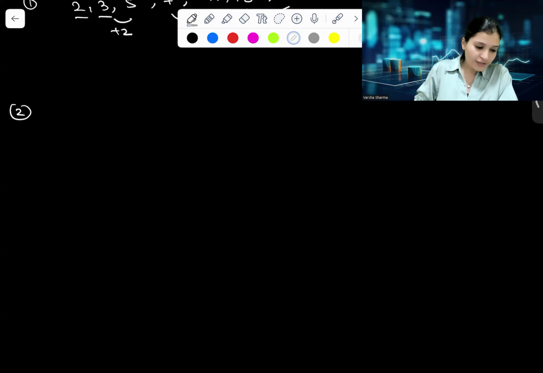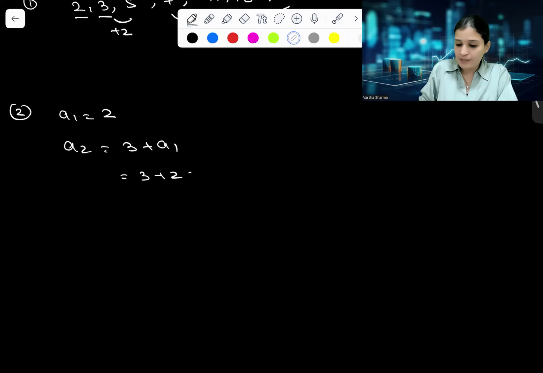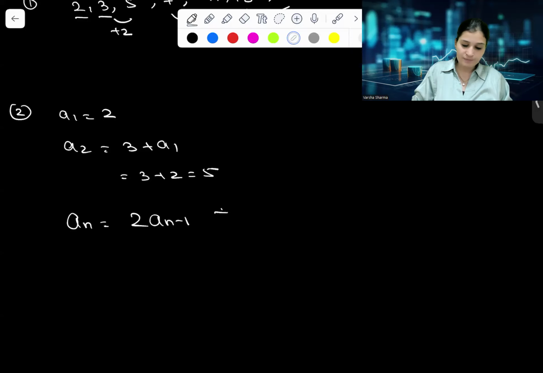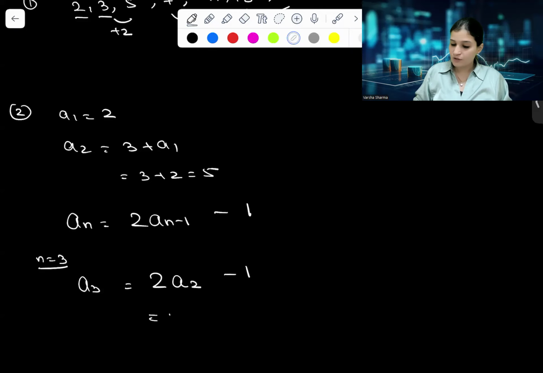Second, it's already given a1 is 2. The second term is 3 plus a1, so automatically it will be 3 plus 2, 5. Then a_n is twice the previous term minus 1. So if I put n equal to 3, a3 will be twice a3 minus 1, that is 2 times 5 minus 1, which makes it 9.